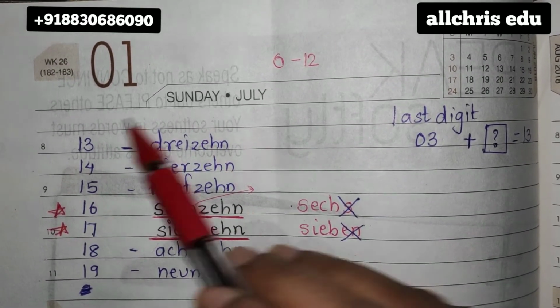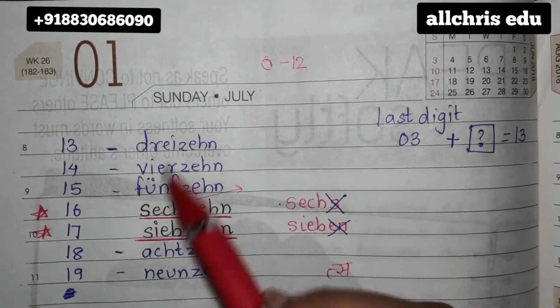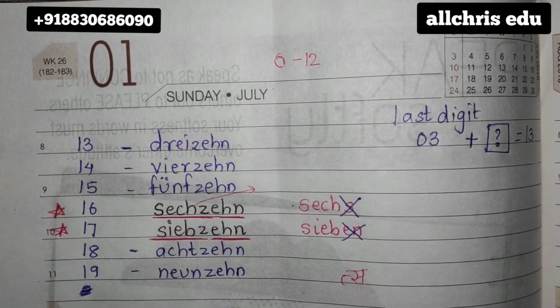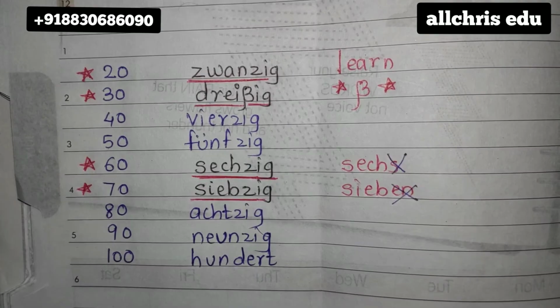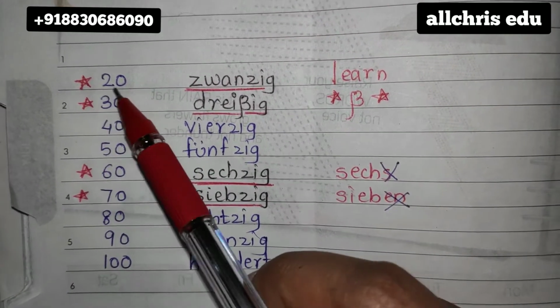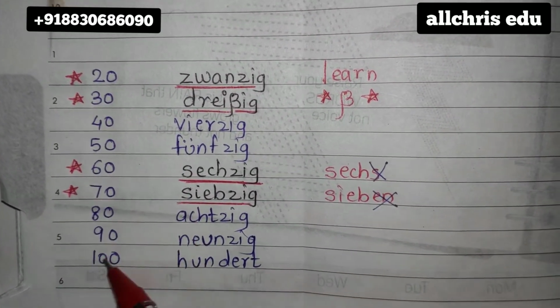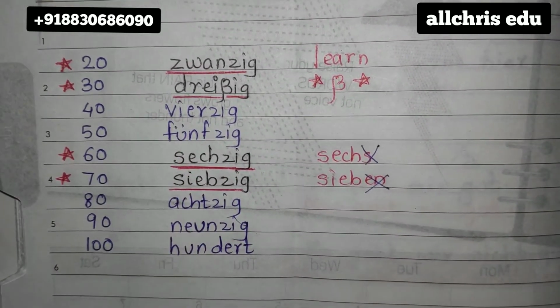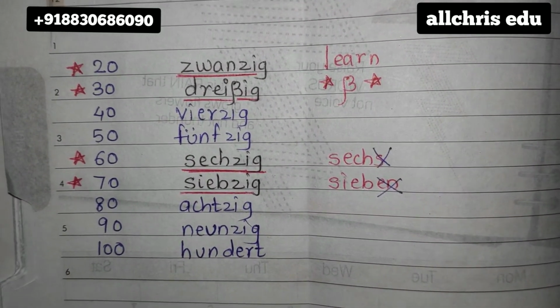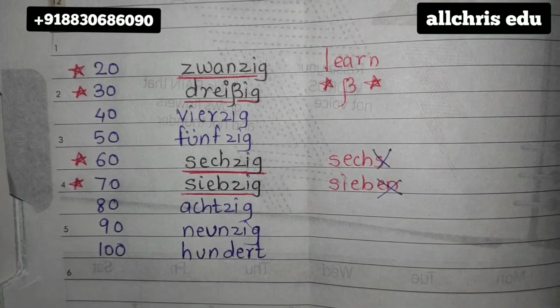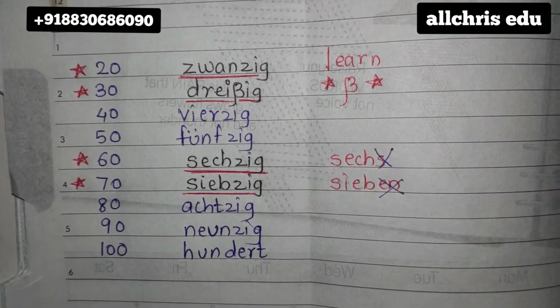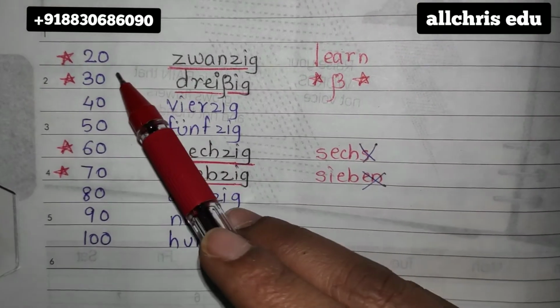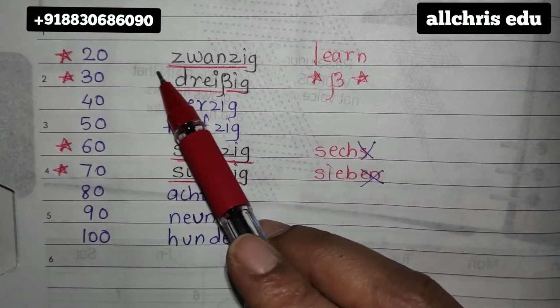Now, once you have learned the second step, your third step is just learning 20, 30, 40, 50 till 100. Only these numbers. The starred ones are some special numbers that we have to learn and keep. Like here, we will skip this star.